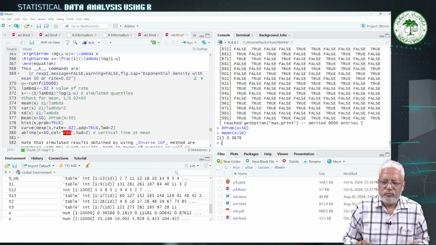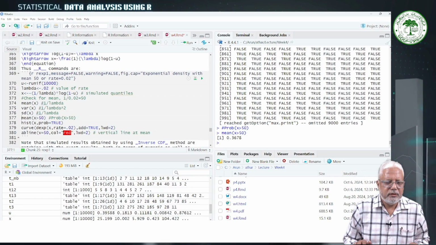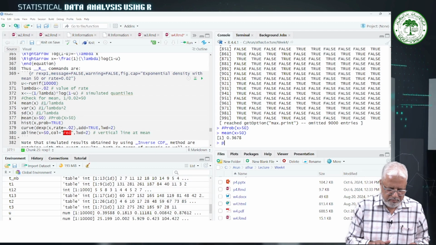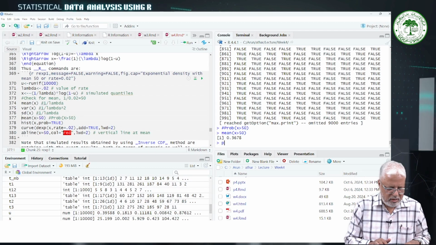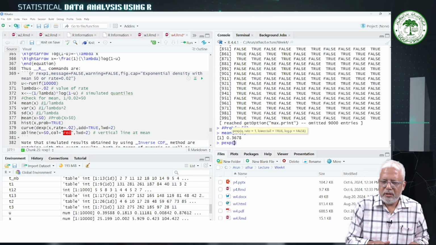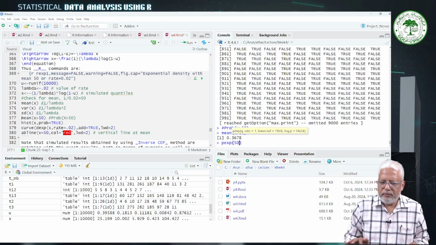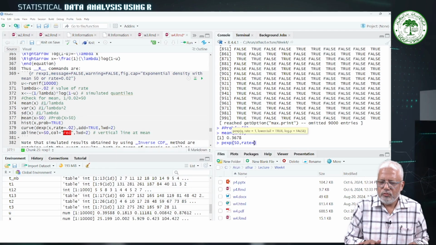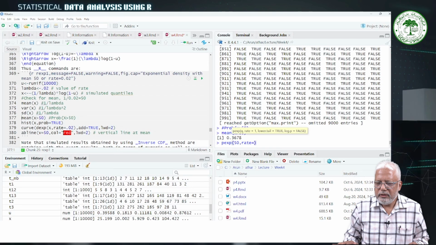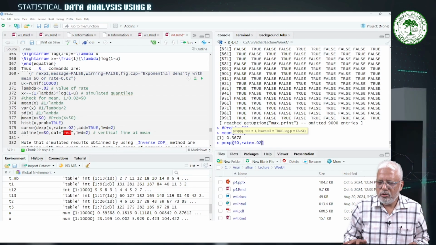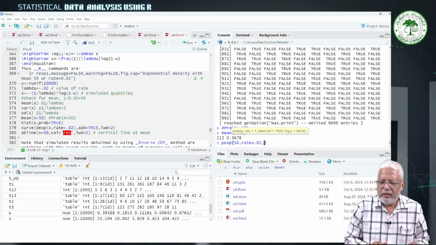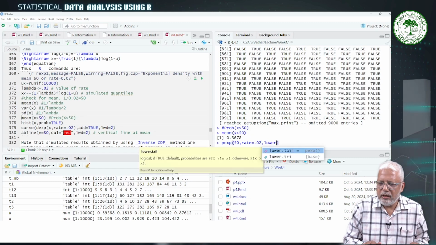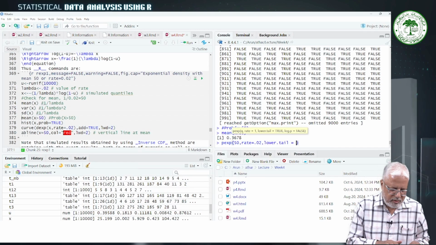So this way we can verify it from pexp, here it is 50 and rate is equal to 0.02, and because it is greater than, lower.tail is equal to FALSE.